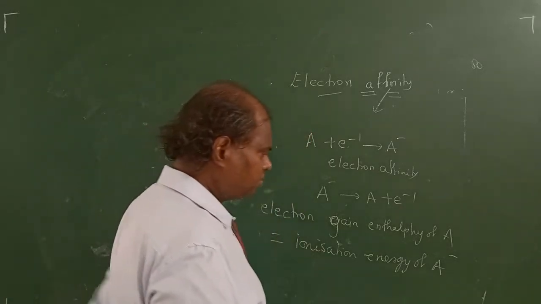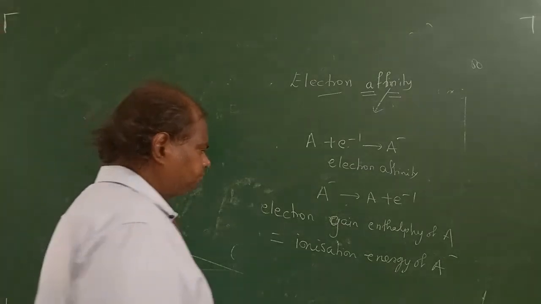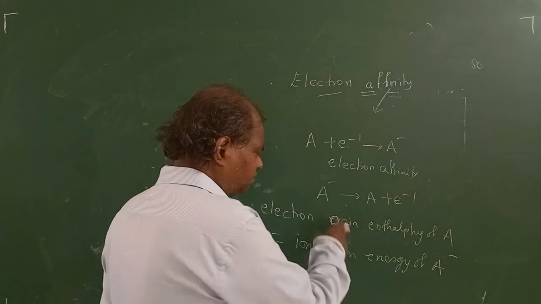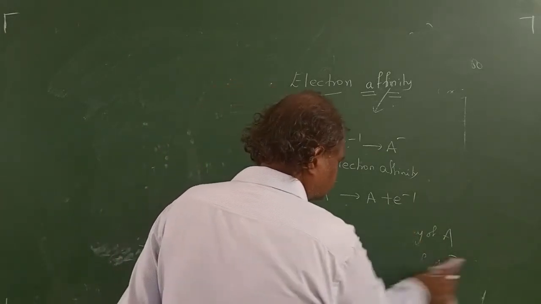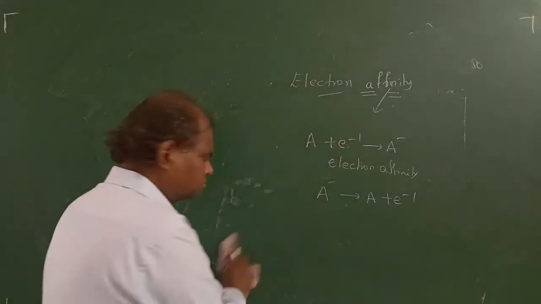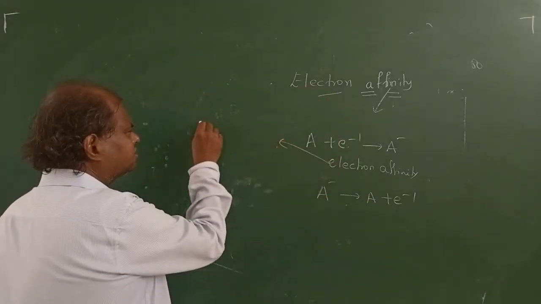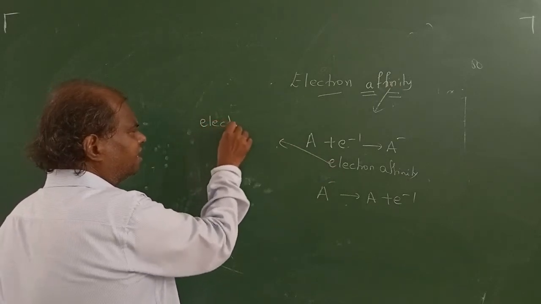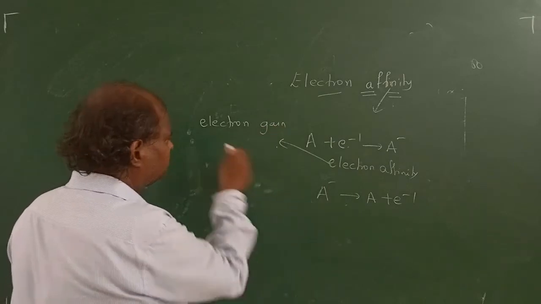So note down this very important point. The wordings are not that clear, so I will write on the top here. I'll write the same thing again, students, because I think you are not able to see down.